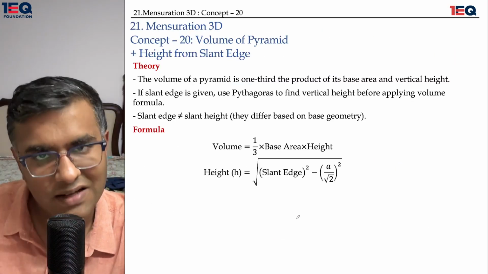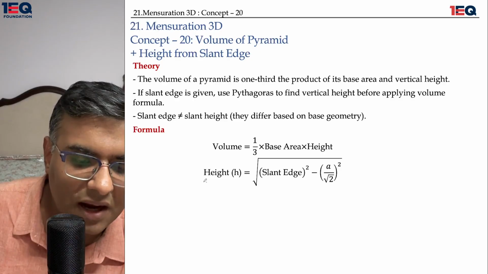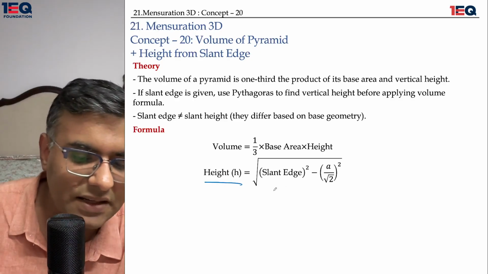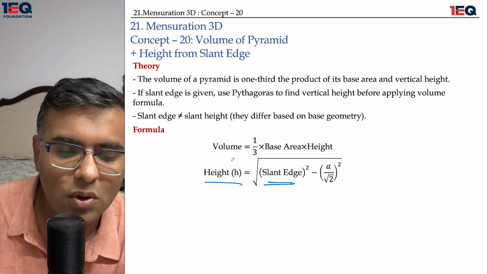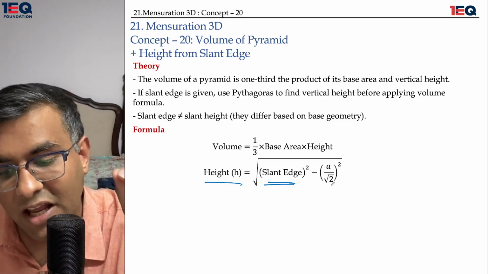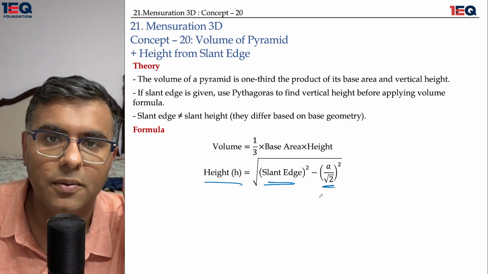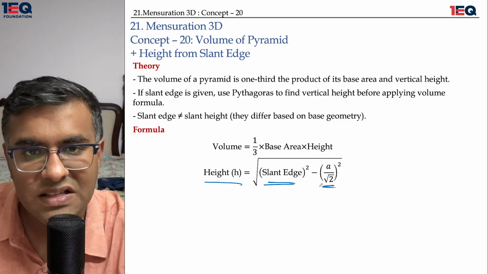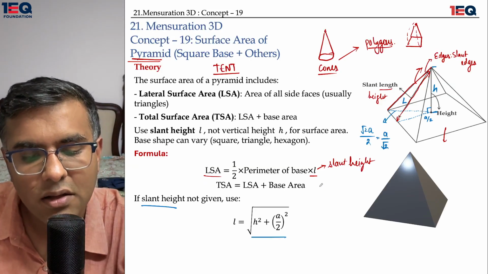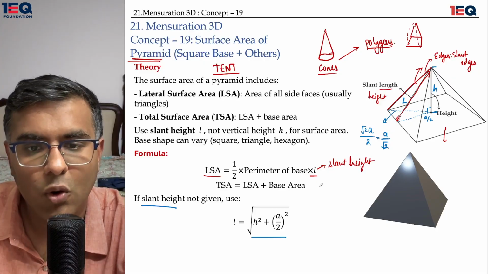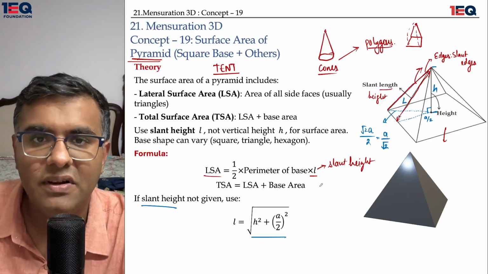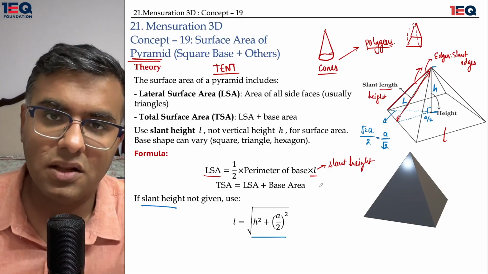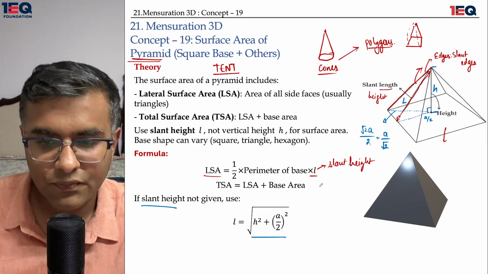In the third slide from here, you'll get the slant edge being equal to the square root of height square plus a by root 2 whole square. This is the only difference between this formula and this formula. There are two formulas: one of them will calculate the slant height, the other one the slant edge.